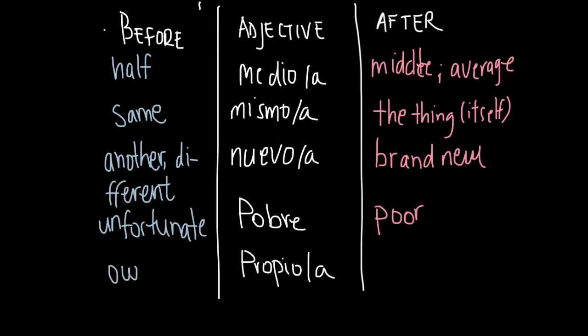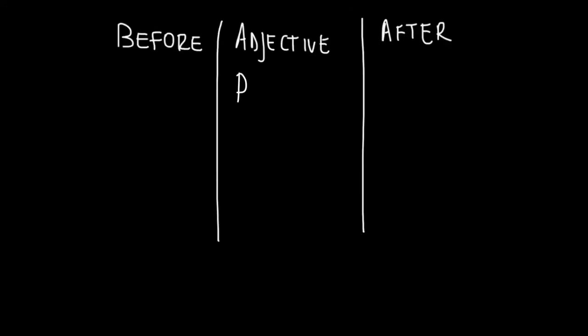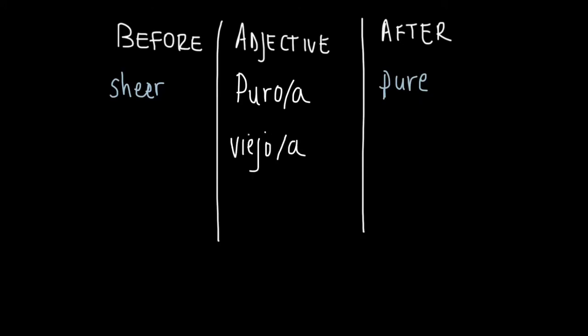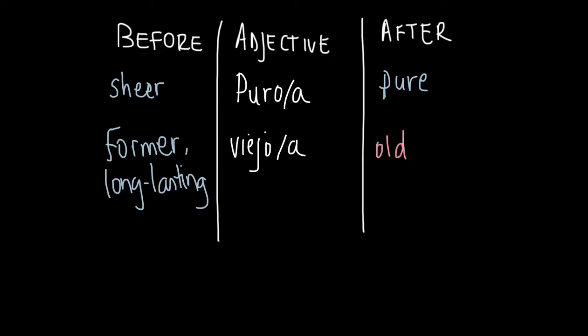Propio, propia means own before a noun, and proper after the noun. Puro, pura means sheer before and pure after the noun. Viejo, vieja means former before a noun or long-lasting, and it means old or aged after the noun.